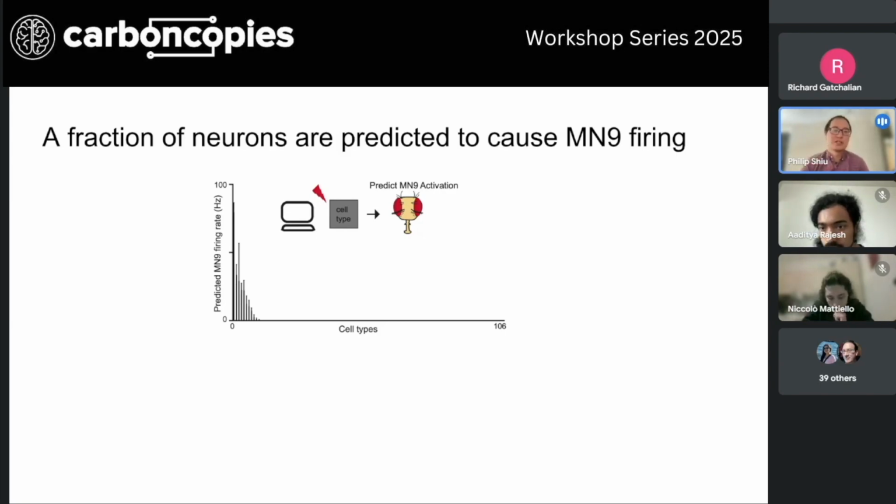We could have done this for more, but these are just cell types in the feeding region. Here we're computationally activating these single cell types, and we're predicting the motor neuron 9 firing rate. Only a small proportion of these neurons are predicted to activate motor neuron 9.